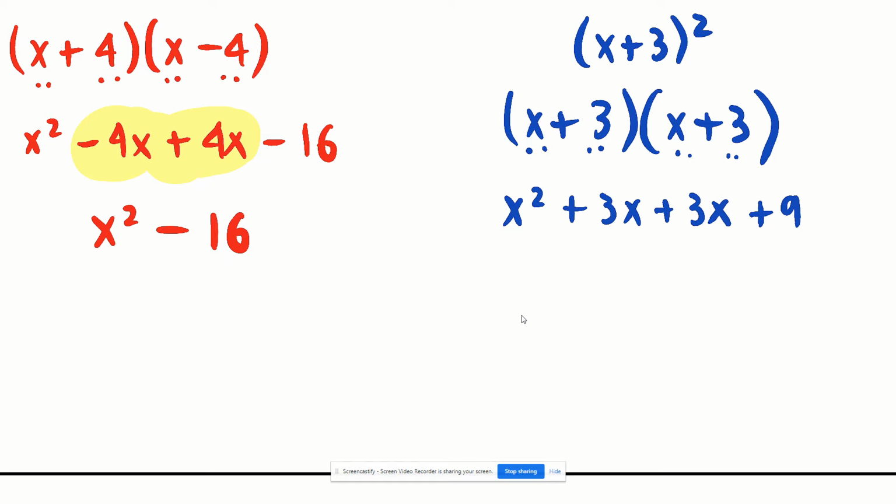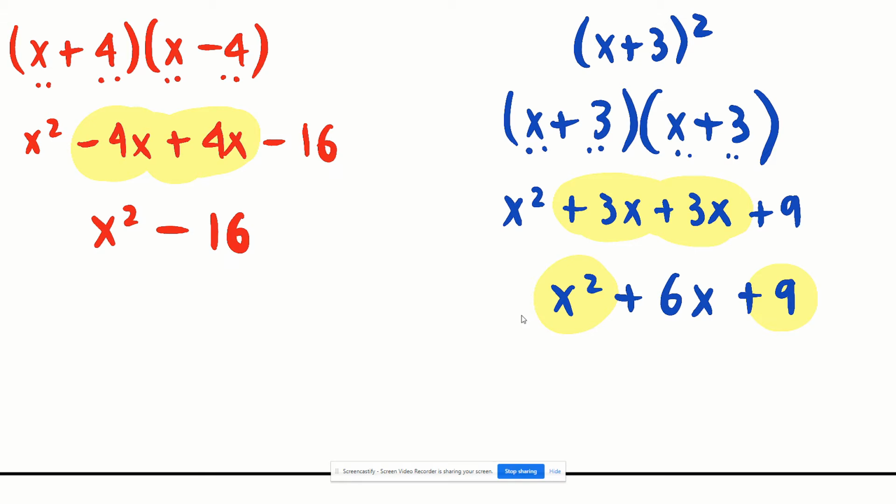So again, in this case, the difference between this problem and the previous one is we can now combine those for it to become plus 6x. But I want you to notice something. Do you notice how this is a perfect square? And so is this. They're both perfect squares.